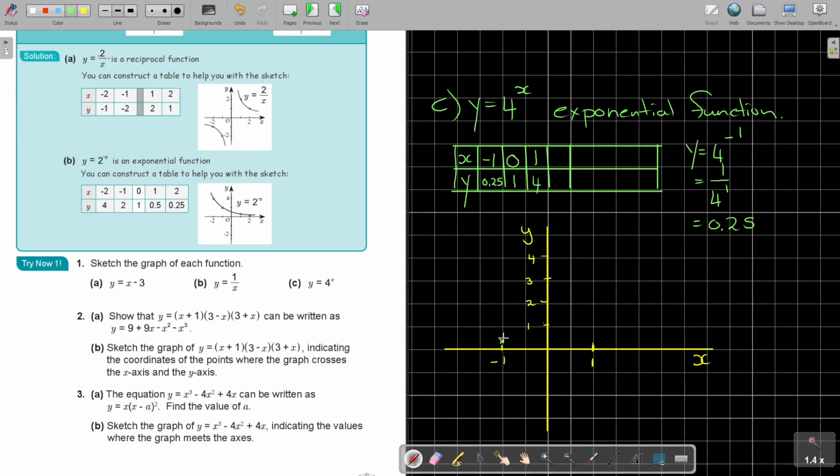And then I have 0 and 1, and then I have 1 and 4. And then I'm just doing this. And this is y is equal to 4 to the power of x. This is my exponential function. And this is how you do number 1. Let's go to number 2.